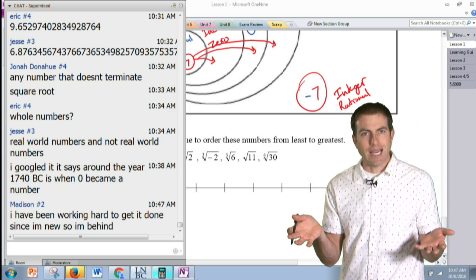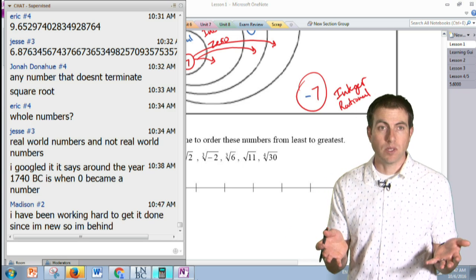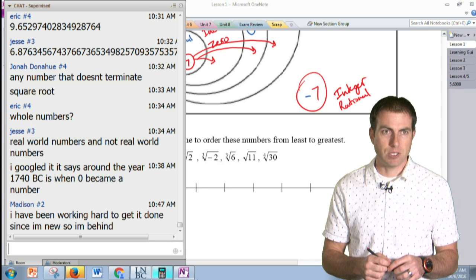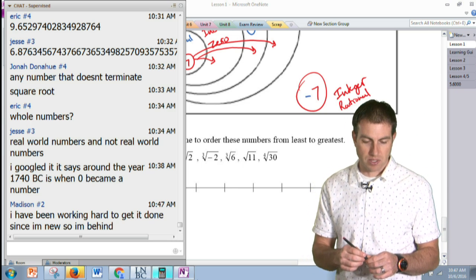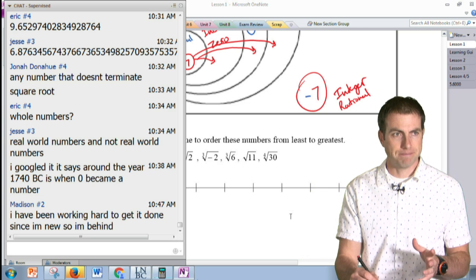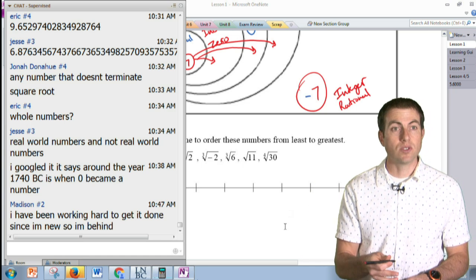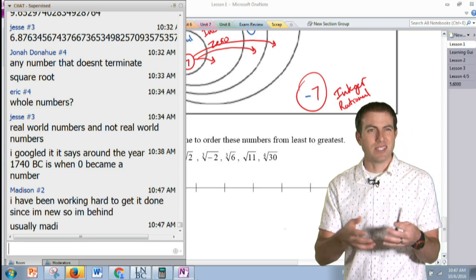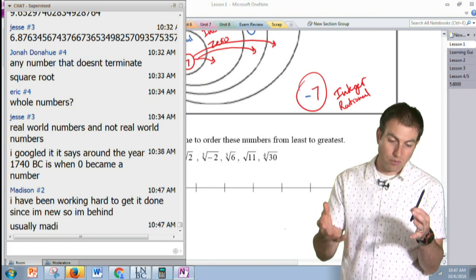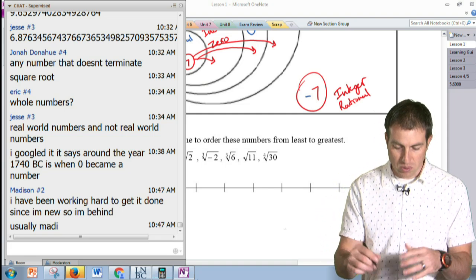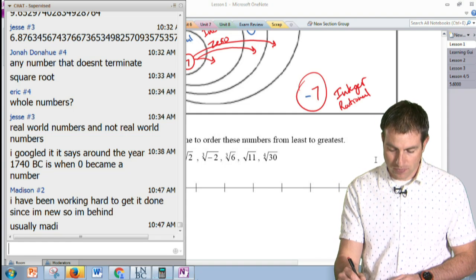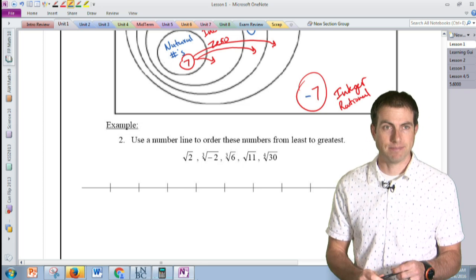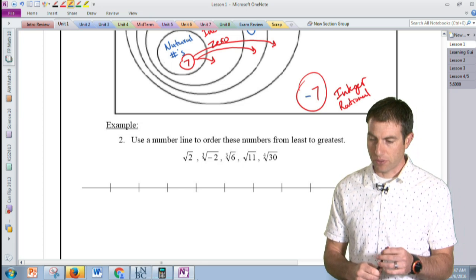Is it Madison or Maddie? Do you care? Some people have a preference. I don't want to call you Maddie and then have you say, Mr. Borden, only my mother calls me Maddie, or something like that. Just want to make sure I get it right. Sometimes students write in their first names, usually Maddie. Perfect, thanks. Because your name is Madison, you write it in because it's kind of formal to type it into Blackboard, but you always go by Maddie, so I'll probably just call you Maddie. It's a little bit easier, and I'm lazy. Two syllables better than three.